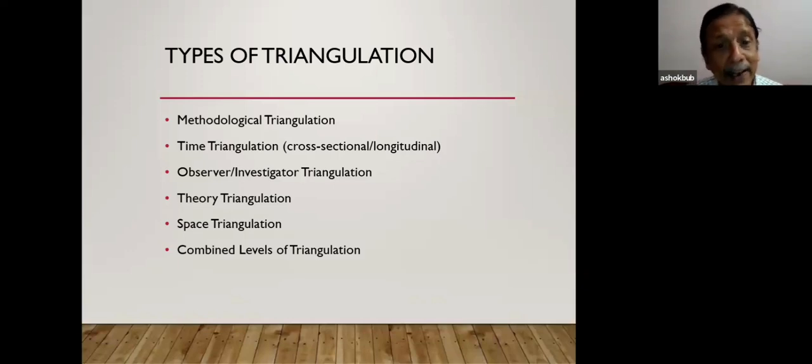The next one is time triangulation. Now, what do you mean by time triangulation? I was giving an example, let us say, in the field of economics or management, a particular trend analysis you talk about. When you are doing a trend analysis, to what extent, over a period of time.